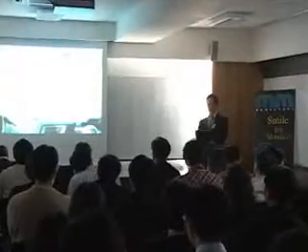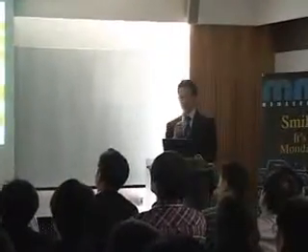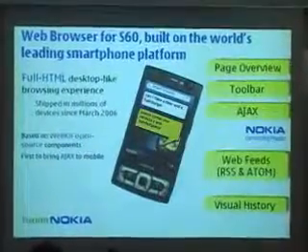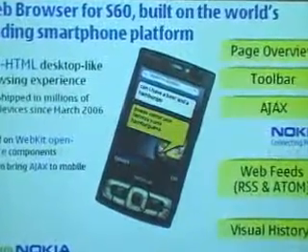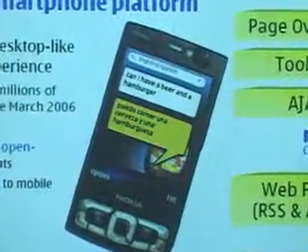So on Nokia devices, delivering these experiences all begins with our web browser for the S60 platform. And this is not a limited experience on the mobile. It is a full HTML desktop-like browsing experience, and this has been made available and shipped in millions of our devices for the last 2 years.